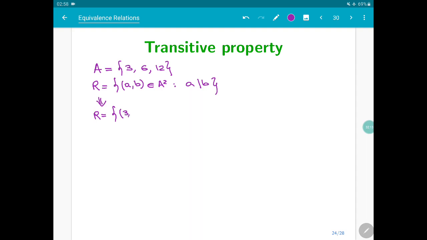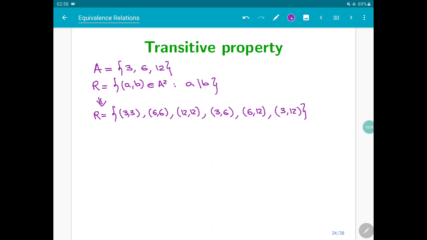So I have to put 3,3, 6,6, and 12,12. And then, of course, I have to put 3,6 because 3 divides 6. I have to put 6,12. And I have to put 3,12.